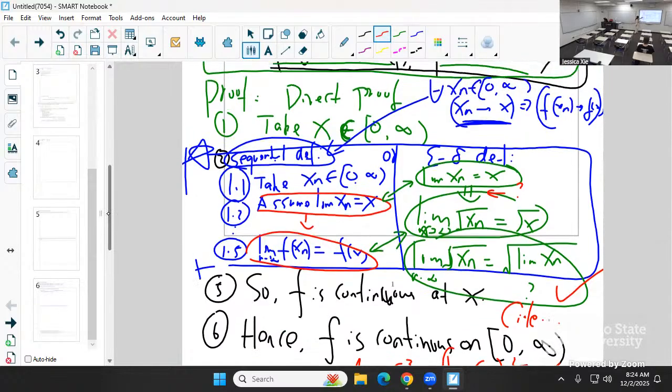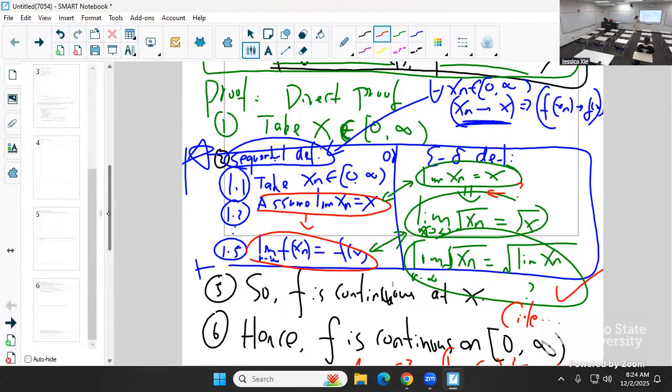So that's the structure. Take x as an arbitrary non-negative real number and prove f is continuous at x. To prove that, you will use the sequential definition. To apply it, take an arbitrary sequence, assume the limit of x_n equals x, and prove the limit of f of x_n equals f of x.